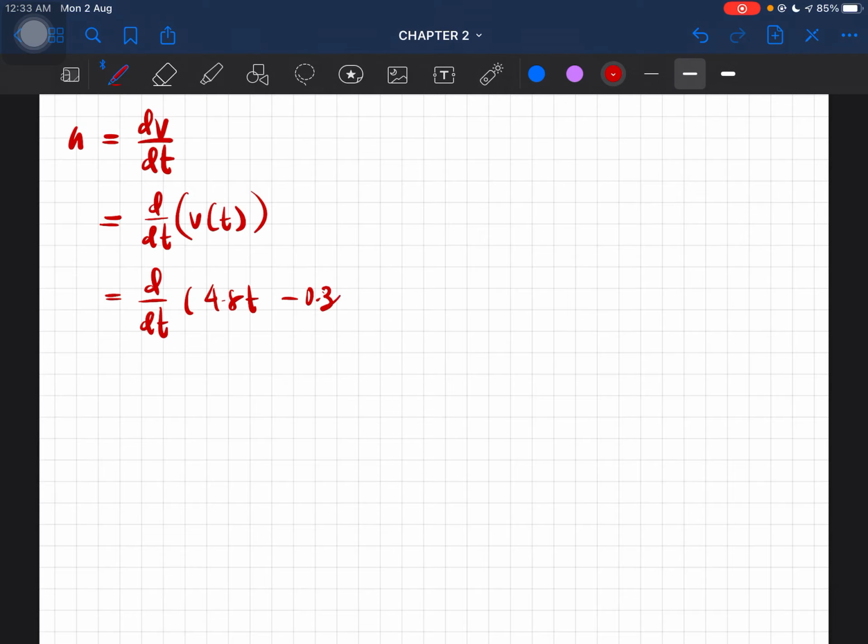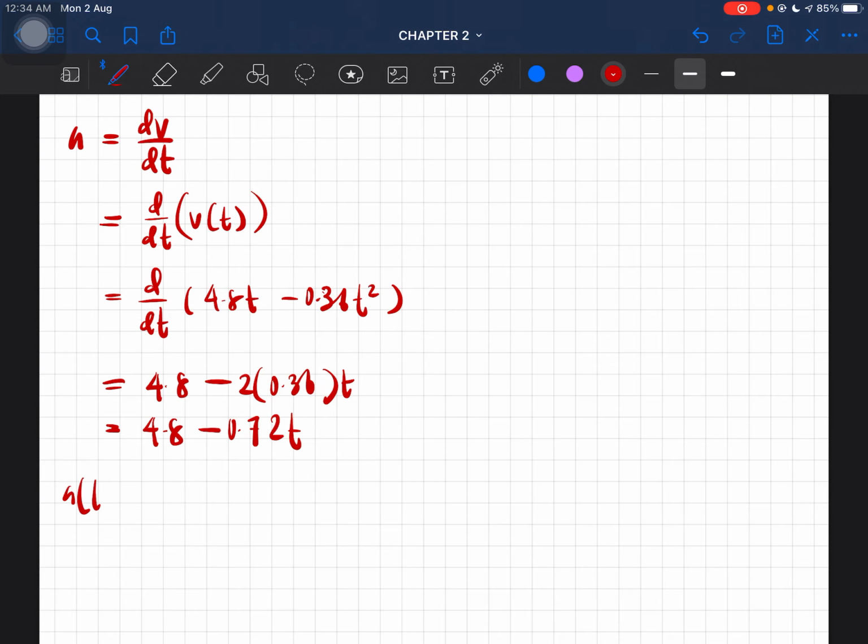Now we can get 4.8t minus 0.36t square. So differentiate this: 4.8t becomes 4.8, and 0.36t square becomes 0.72t. So you'll get 4.8 minus 0.72t.